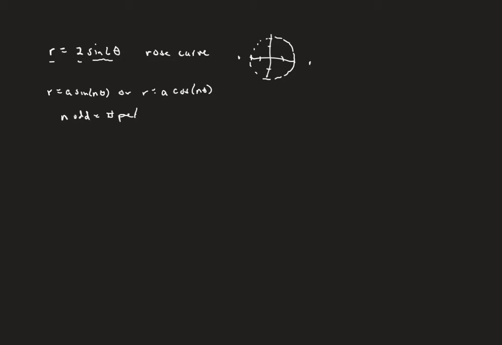And if n is even, then we will have 2n petals. So you can see here, because n is 6, you're going to get a rose curve with 12 petals, which is pretty cool, but I'm not going to try to graph that here. You can take a look at it on your graphing calculator, though.